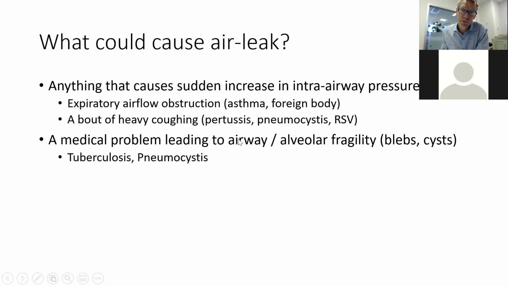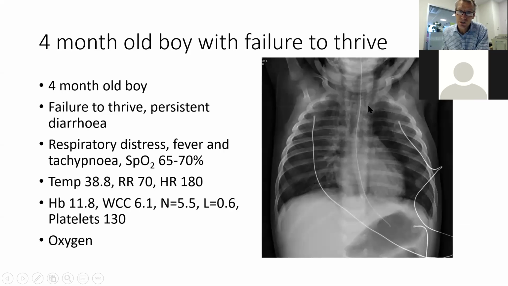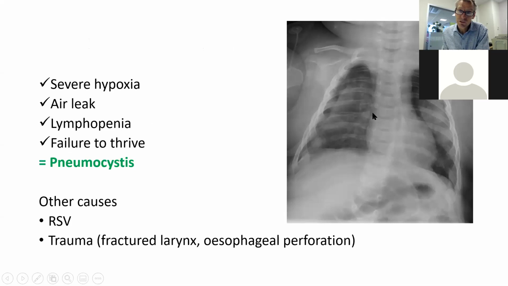And any problem that leads to airway fragility, like if you've got a cyst or a bleb or some sort of fragile airway, such as with tuberculosis or pneumocystis, is typical as a cause of a pneumomediastinum. And this child I showed you here, and this child here, have the same problem. They have exactly the same problem.